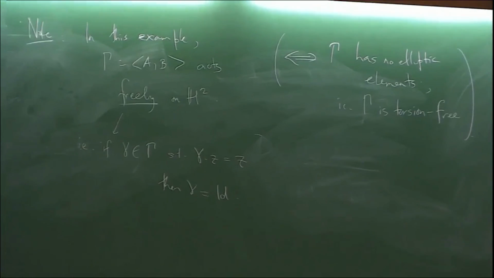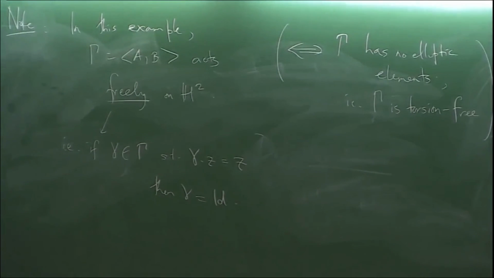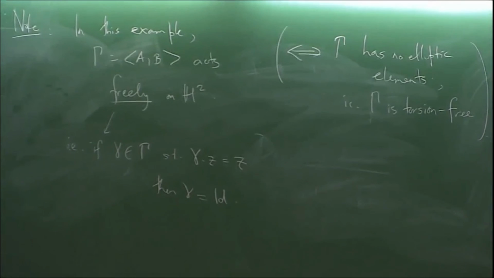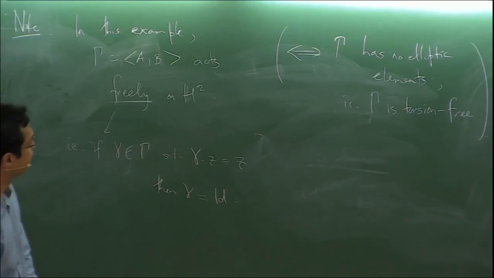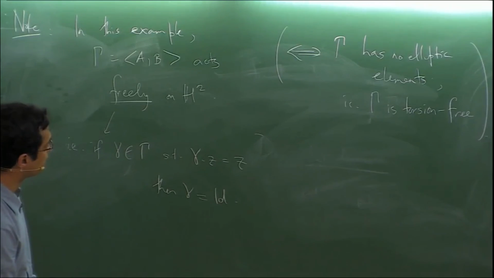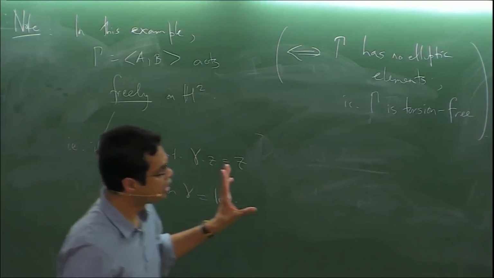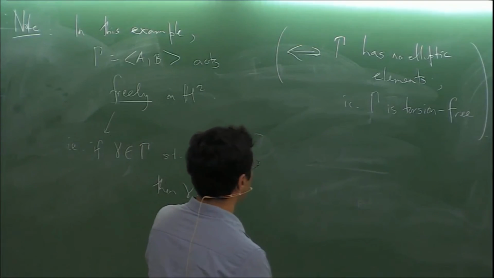If a Fuchsian group has elliptic elements, that elliptic element had better be of finite order. Here there are no elliptic elements at all, so there are no elements of finite order. This is an important thing.